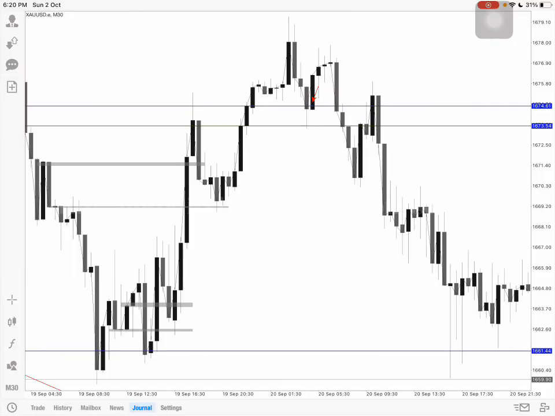Because my understanding for SL, usually if we want to sell, our SL will be above the swing high. I've heard about that, but the thing is that if you do that, the SL is damn big, bro.